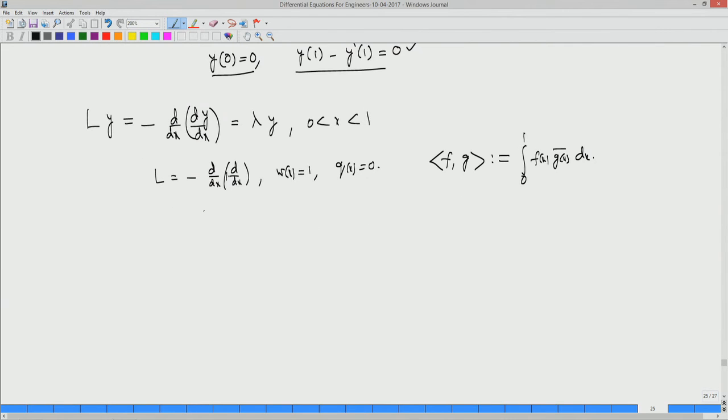Now it is in self-adjoint form, so lambda is real since L is self-adjoint, or Hermitian, or you can say skew symmetric.